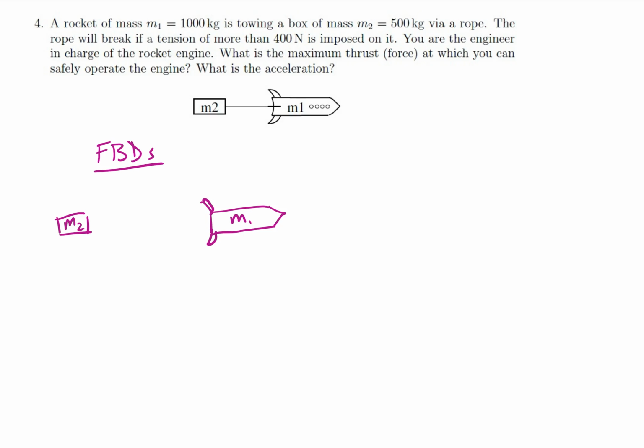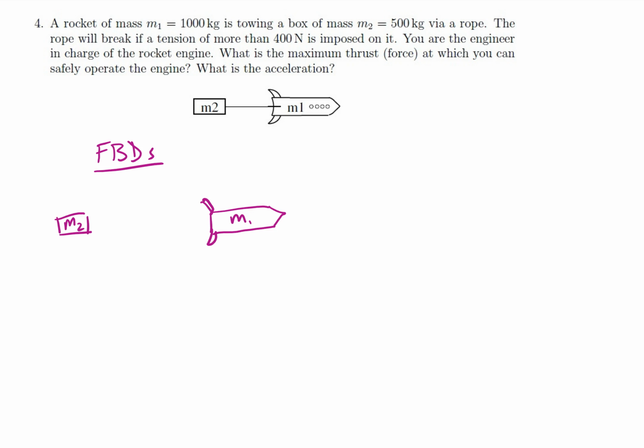Okay, so I wanted to do this example because it's talking about two different objects that are connected. In this example, we have a 1,000 kilogram rocket that's towing a box behind it that's 500 kilograms, and they're connected by a rope.